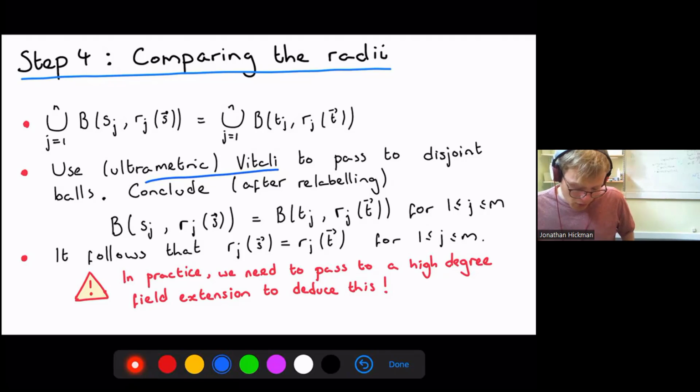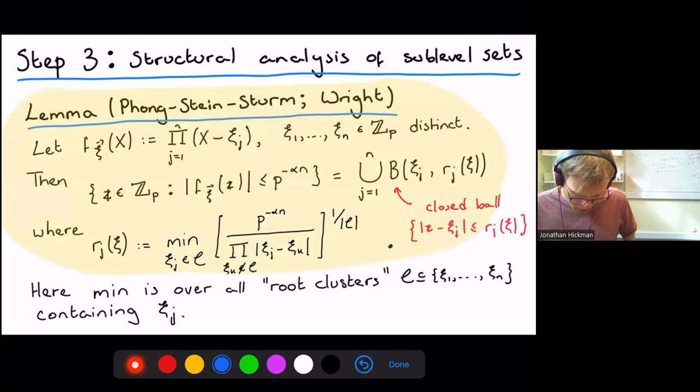Also, the use of this Fundstein-Sturm lemma in this context is quite interesting, because it gives access to a very precise description of the sublevel set, which seems to be quite powerful. And we have various other applications of this lemma in mind for other problems related to harmonic analysis and number theory. So it seems like this is quite a useful tool in this context.